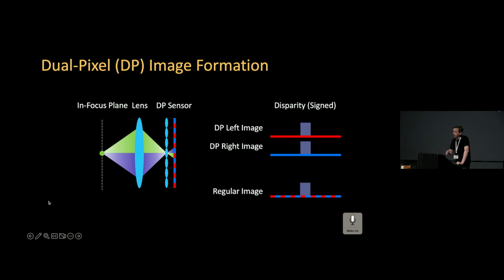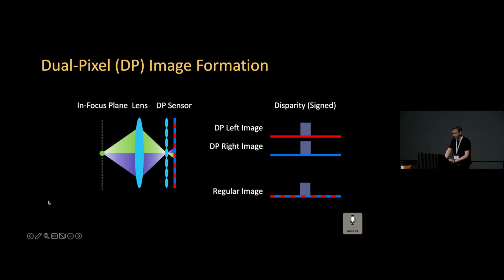The idea here is that you use a special type of sensor, one that has a dual pixel image formation model associated with it that basically splits the image in two. So you form two images effectively, one with the light passing through the left side of your lens aperture, and then one forming an image with light passing through the right aperture.